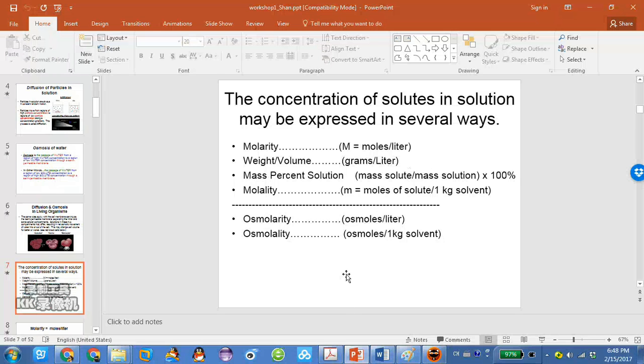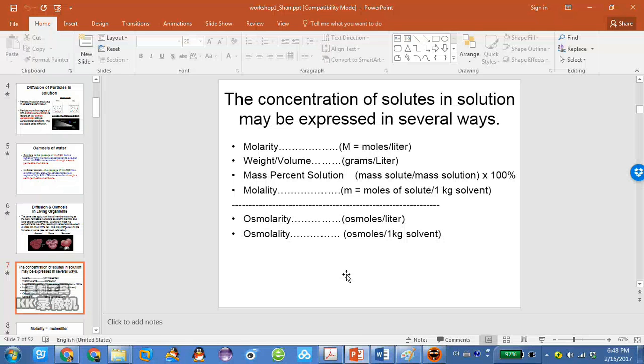And the third one is mass percentage solutions. When you have a solute that is solid at room temperature, and you dissolve the solute in water, you can express the concentration of the solution in this way, the mass percentage way.